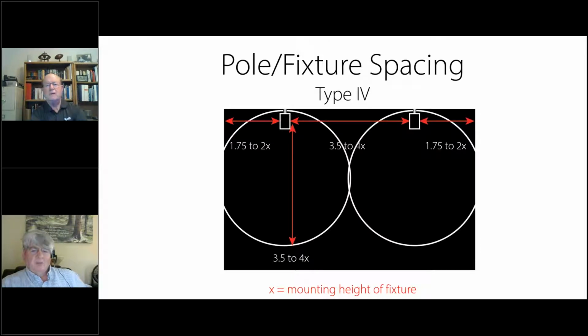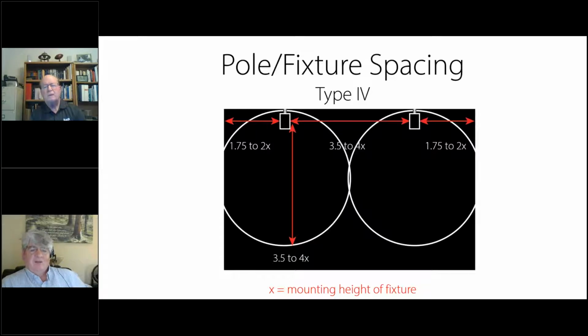Sure. The other thing to keep in mind is that all of these are very general descriptions of the distributions. Every product, every manufacturer's fixture, is going to be slightly different. So these are very general guidelines. But for the type 4, we're saying that a really good distribution, you're going to get 3.5 to 4 times the mounting height out to the front.